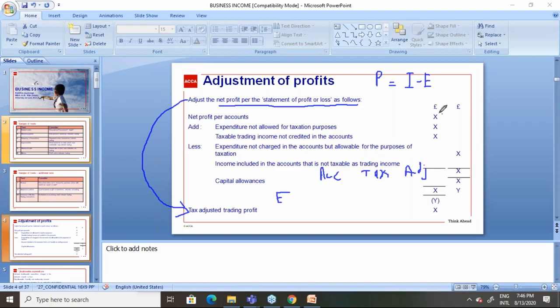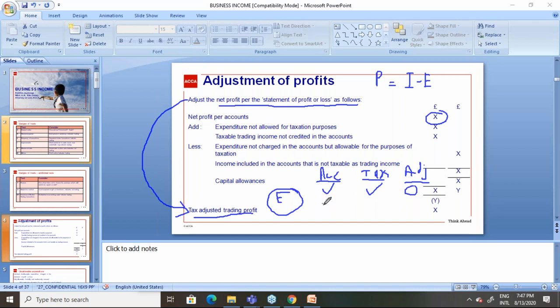Net profit as per accounts. You can't rely on this profit because we need to calculate the tax adjusted trading profit. To calculate the profit, we use both income and expenditure. When it comes to expenditure, most of the expenditure allowed in accounting is also allowed in taxation. So if it is an expenditure allowed in both accounting and taxation, you don't need to make any adjustment.